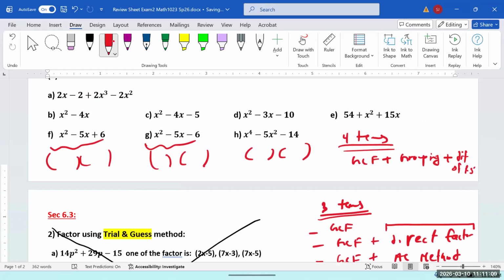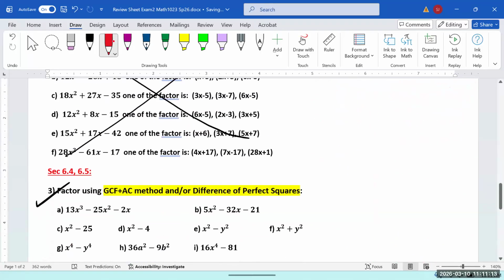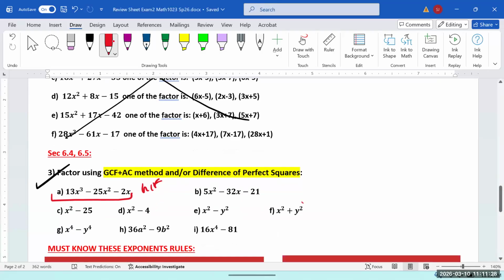Or GCF and factoring is like this one. You have a GCF and then you have to use the factoring AC method. And then all of these are two terms.